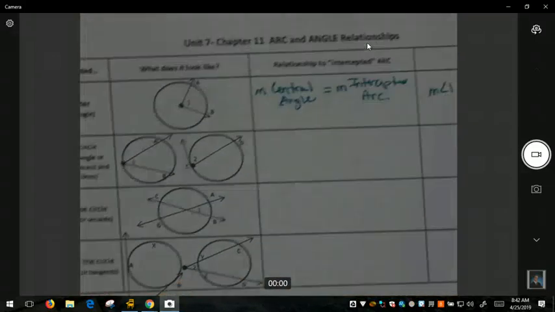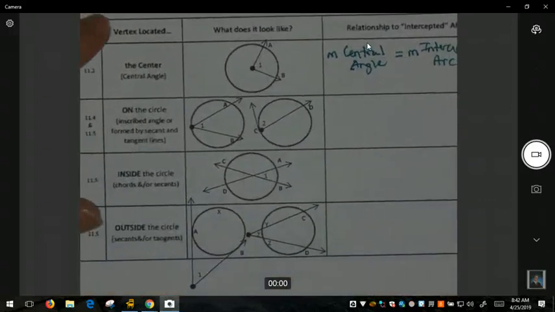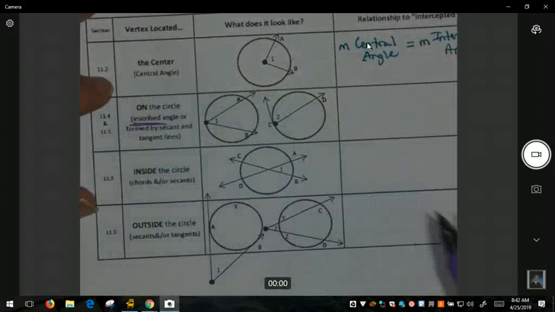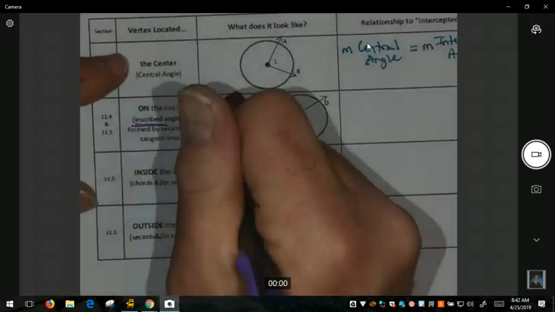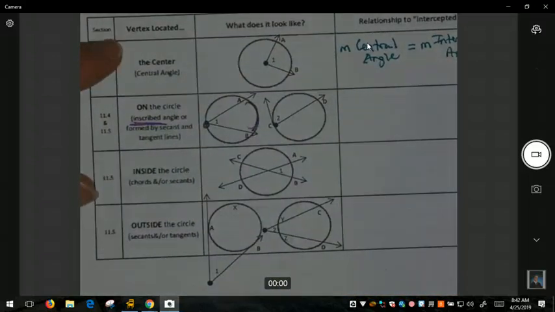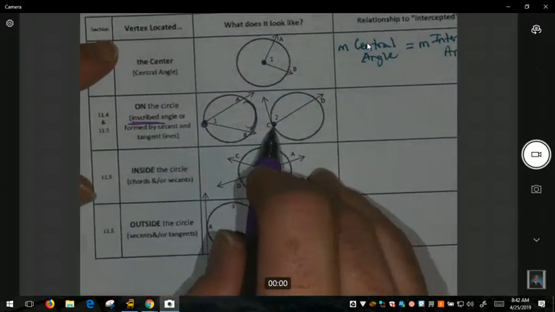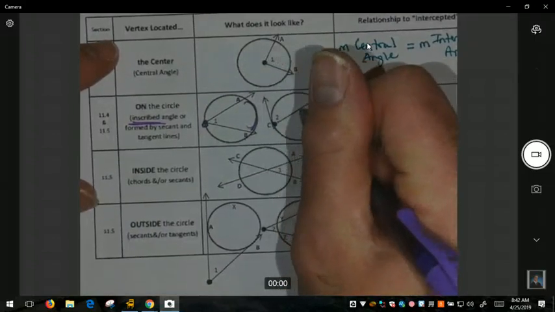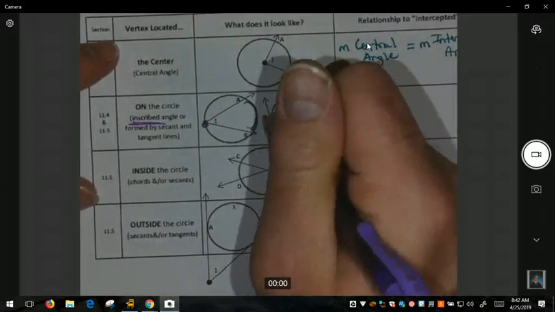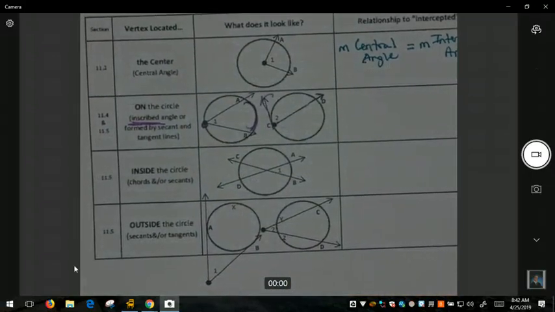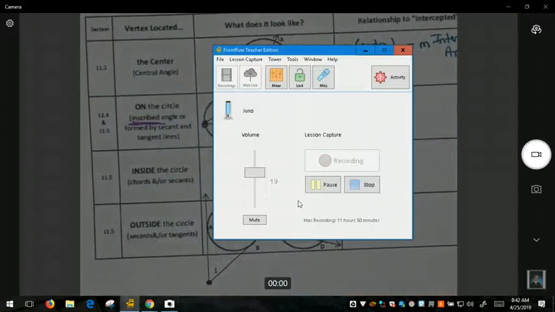If we have an angle that's on the circle, it is called an inscribed angle. We know the relationship between the inscribed angle and its intercepted arc. This is not an inscribed angle, but its vertex is on the circle, and it will have the same relationship. It is formed by a secant and a tangent line.